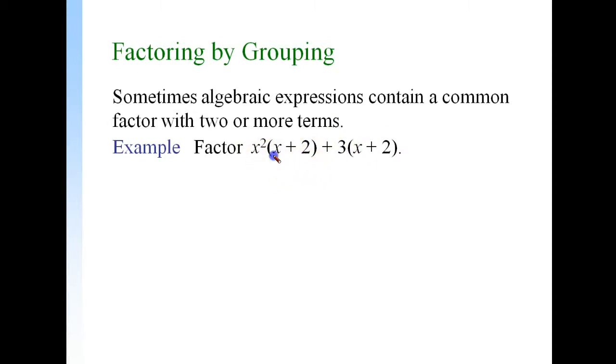But can you see I have a common factor right there? So I'm going to factor that out of both of these terms as x plus 2. And then what's left? Well, I have an x squared from there and a plus 3 from there.